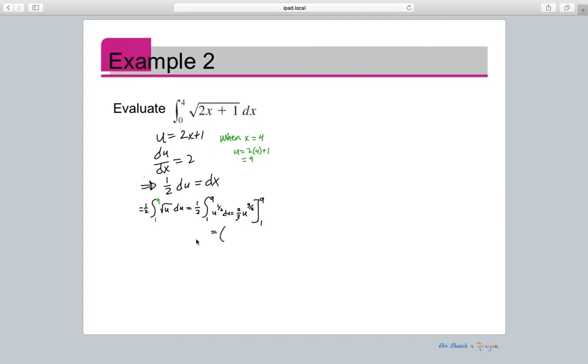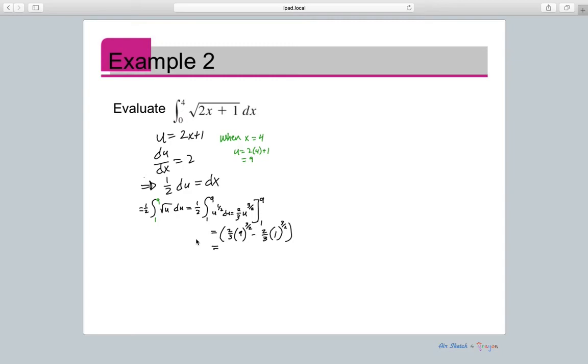So this is going to give me 2/3 times 9 to the 3/2 minus 2/3 times 1 to the 3/2. Oh boy, let's see. What's 9 to the 3/2? I'm not gonna lie to you guys, this is going in the calculator.